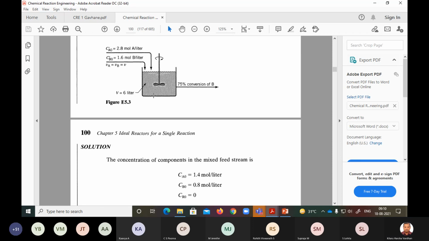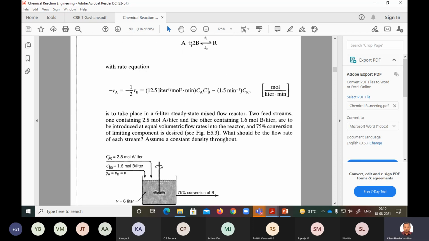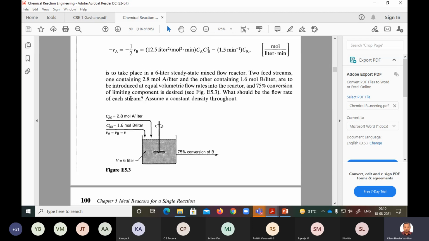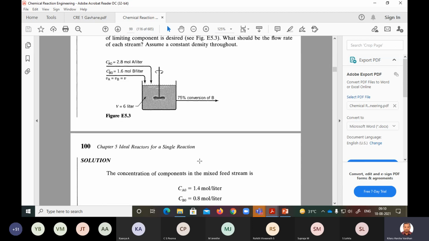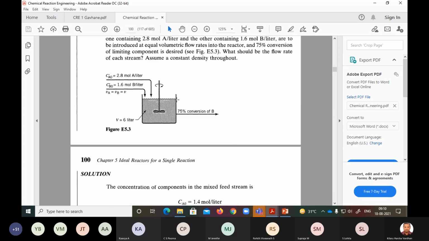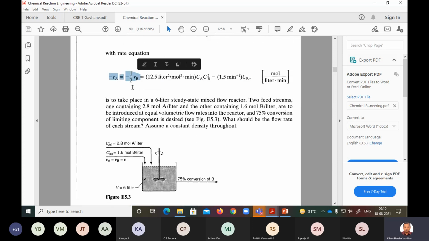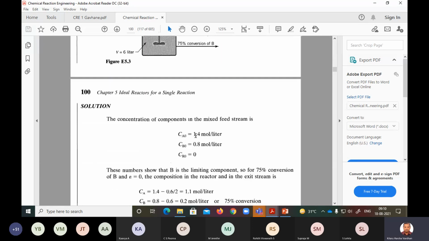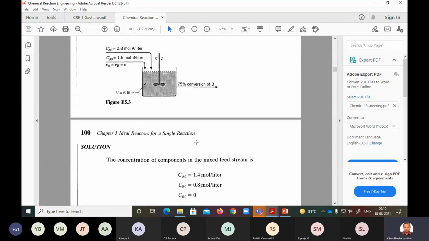Good. So you are telling that it is stoichiometry A plus 2B, so since minus rA is half times rB, you are taking half. But why are both being made half? Because from this, if you are telling, only one thing should be half, right? Why are both half? Any other? Any other?